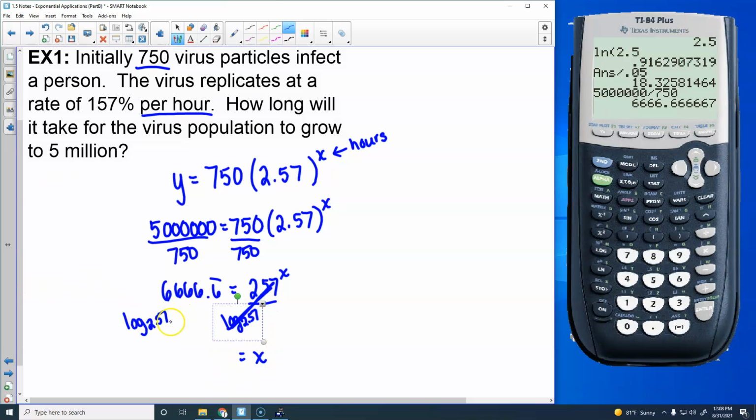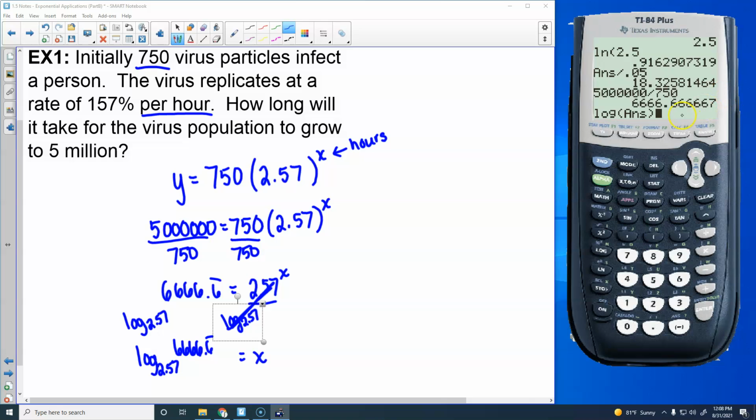And then to do log base 2.57 of 6,666.6 repeating, I'm going to do log of, and I can just do second negative. That'll put in the answer from the line before. That way I don't have to put in tons of sixes.